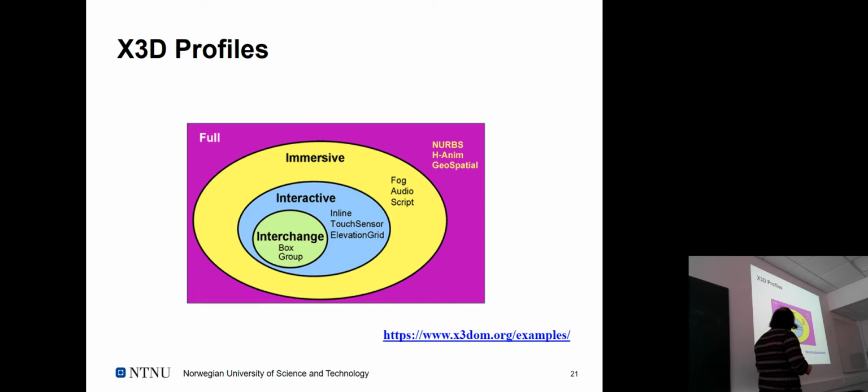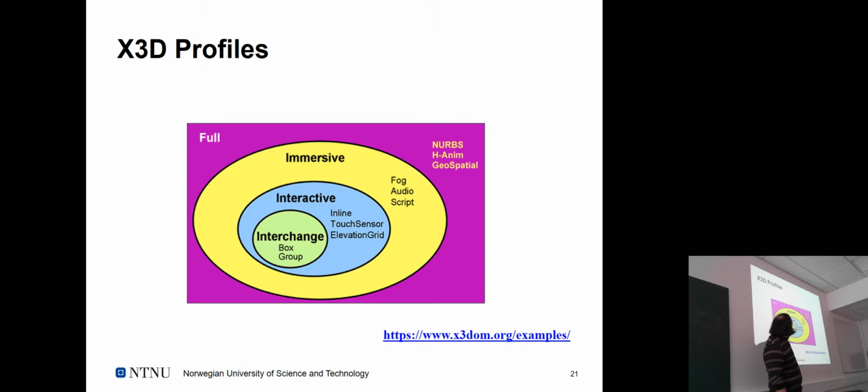We have Interchange, the very basic one, that supports standard stuff like model, texture, basic lighting, maybe a little bit of animations. Then we have another profile, Interactive, that, as the name implies, enables interactivity between the user and the model. It can be related to some sensors, and for example have elevation grids.